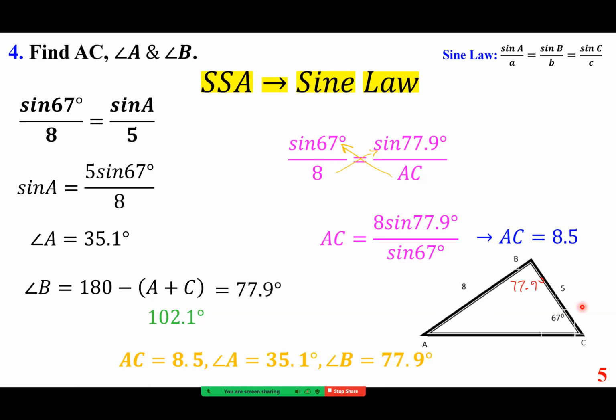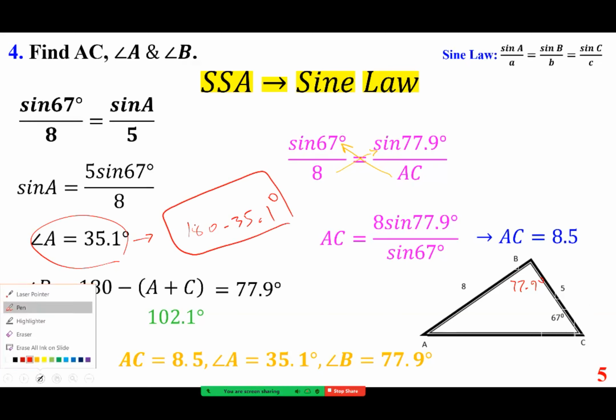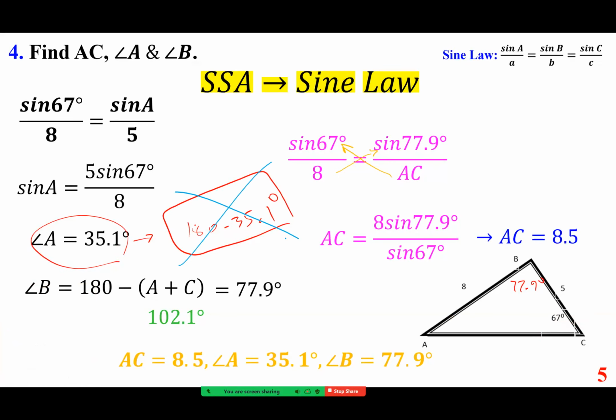The other angle, if there were supposed to be another angle, would be 180 minus 35.1. That would be the second possible angle. And when you add it to the given angle of 67 degrees, it goes over 180. Okay? Yes, thank you very much. My pleasure. So this doesn't exist.